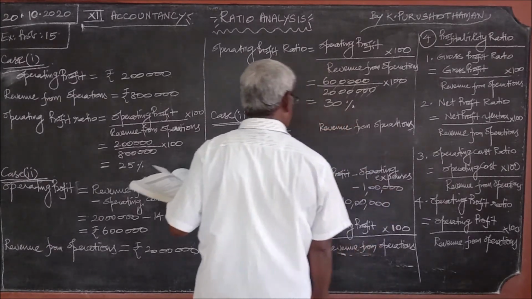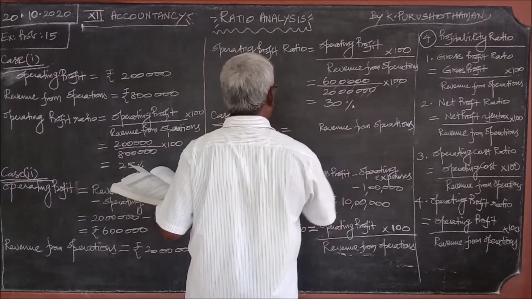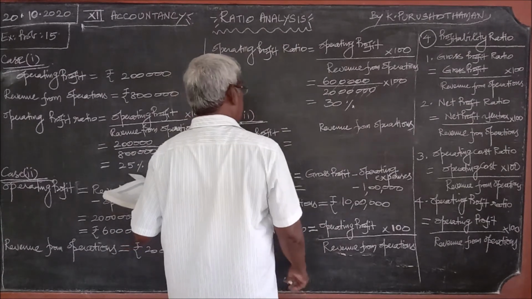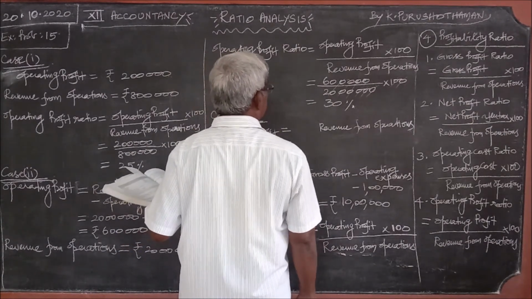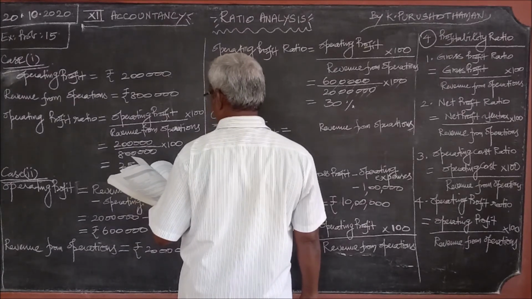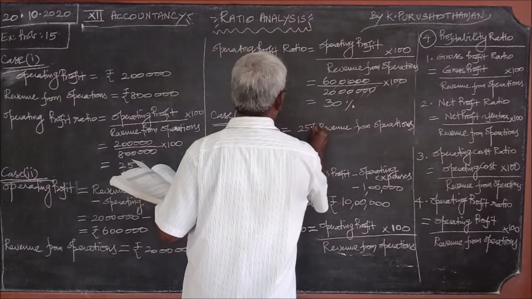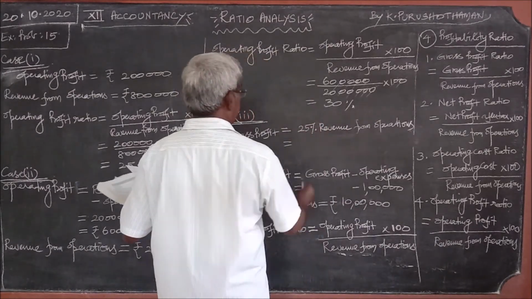Operating expenses 1 lakh is given. Gross profit, we should find, what is the percentage of revenue from operations? 25% of revenue from operations is the gross profit.